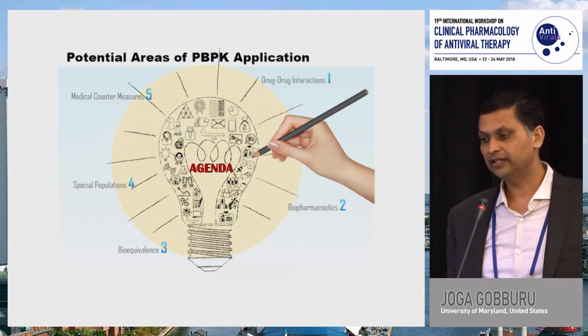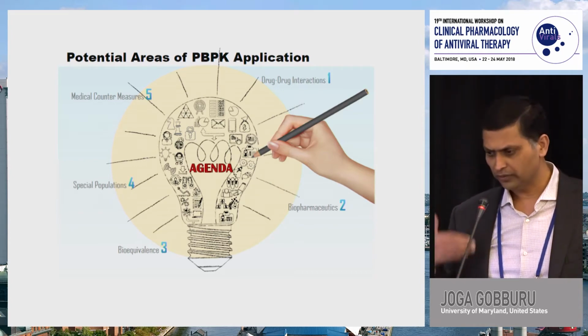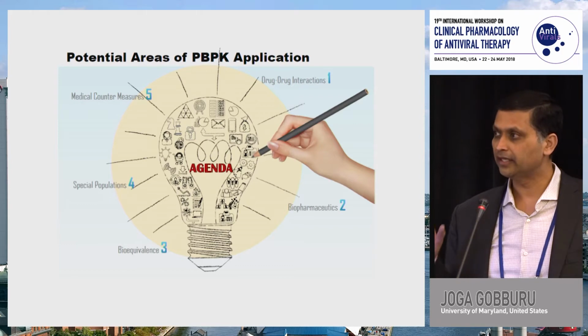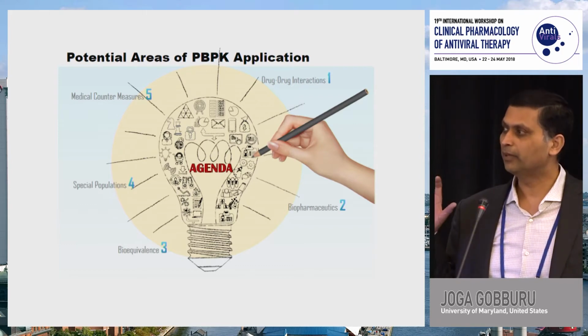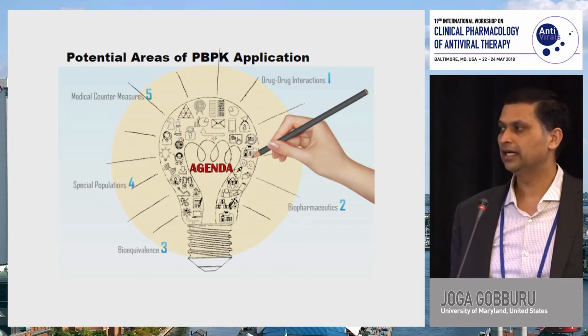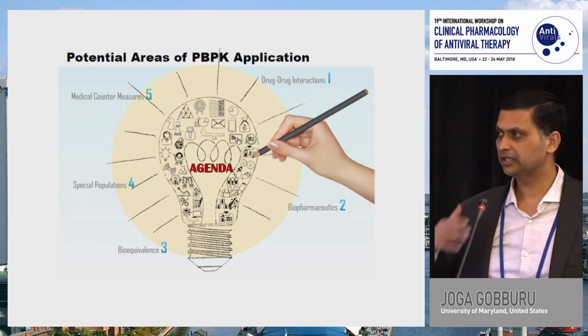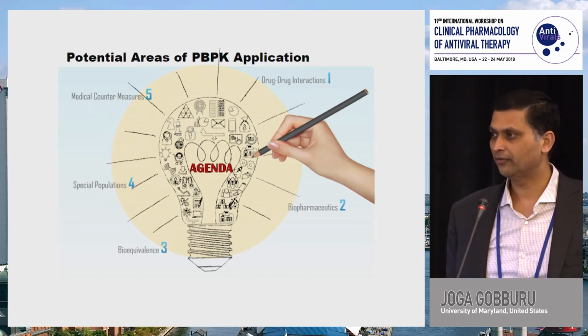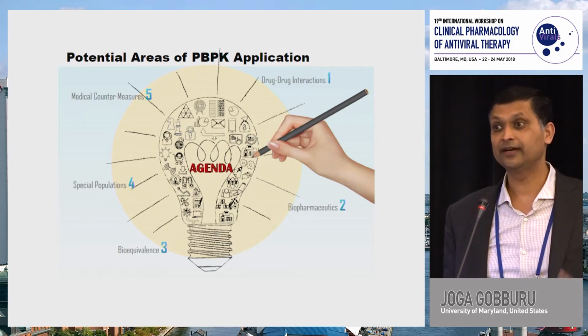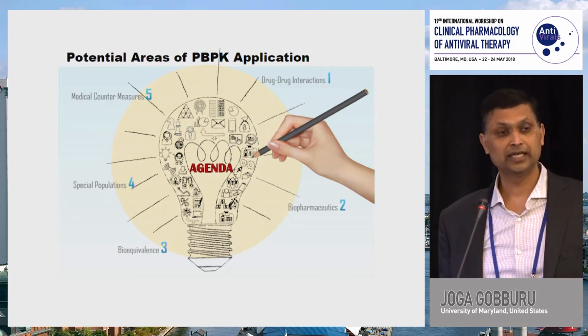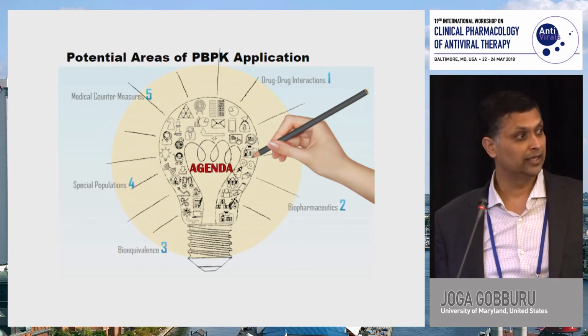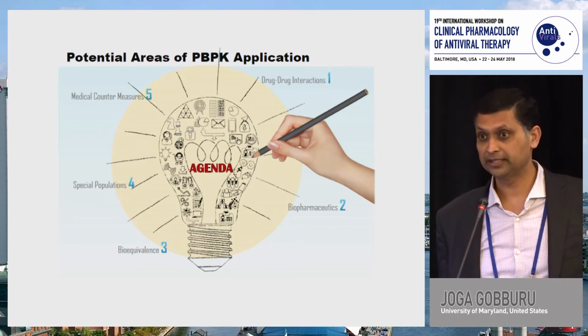Biopharmaceutics, we'll go into the specifics. But biopharmaceutics is more about changing formulations. What do I do if I have to change the manufacturing site? Is there a role for physiologically based PK modeling to help the sponsors?